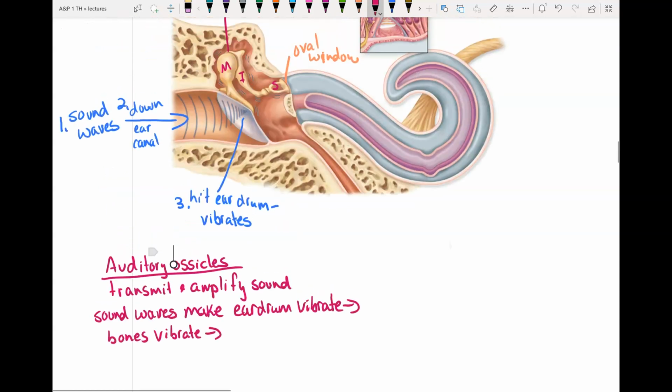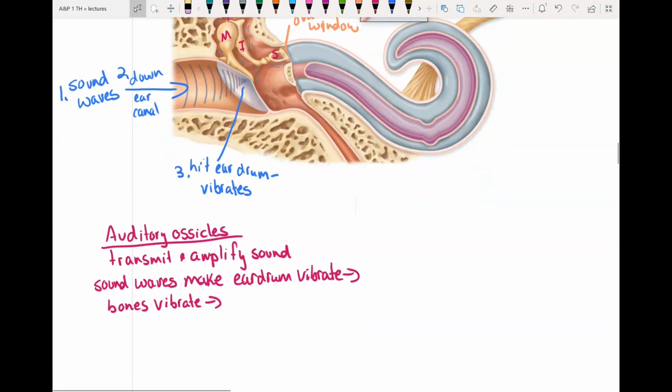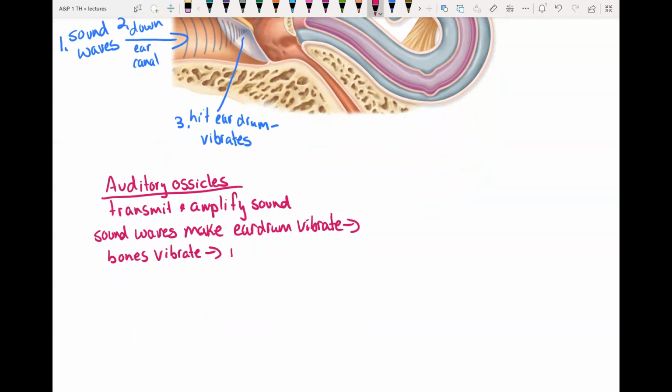And when the stapes vibrates, it makes the oval window vibrate. And the oval window is part of the inner ear. So that's how you transmit the sound waves from the external ear to the inner ear.